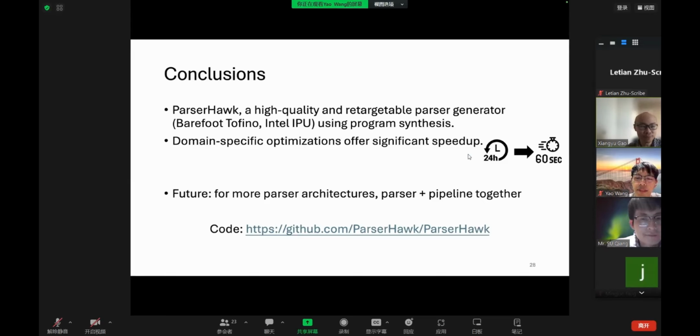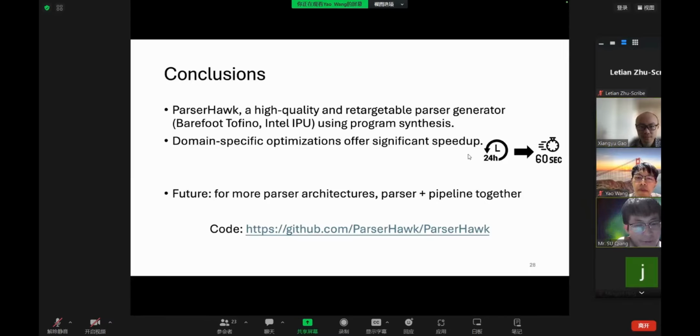So this hopefully completes the story, but I'm also exploring some optimization opportunities between the parser and the packet processing pipeline, because some of the parser's functionality might be applicable in the packet processing pipeline and vice versa. So we can do joint optimizations across the parser and packet processing pipeline. Hopefully synthesis can also play a role in that domain. That's the background behind the presentation in this case.